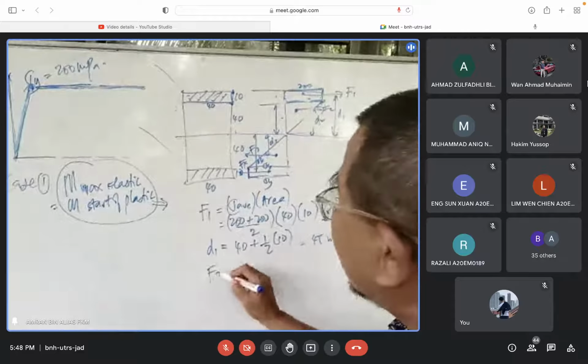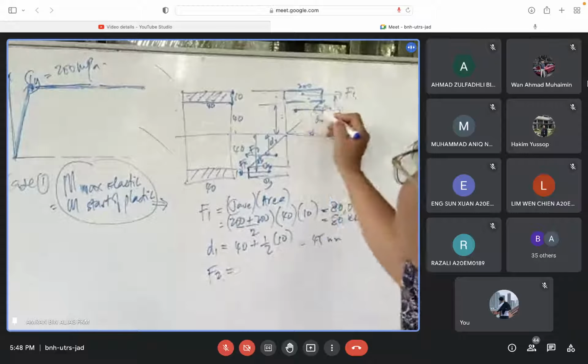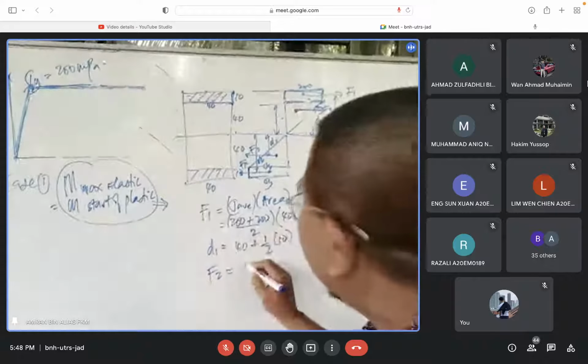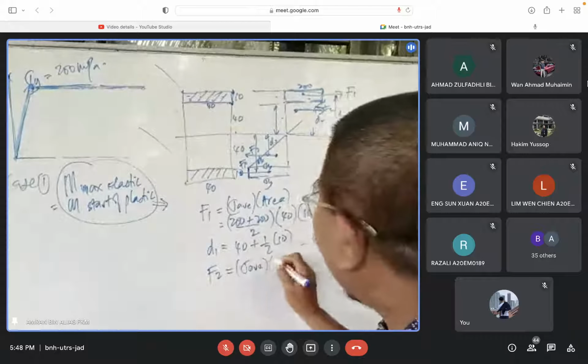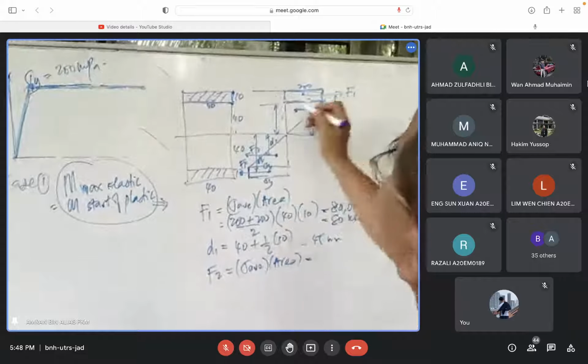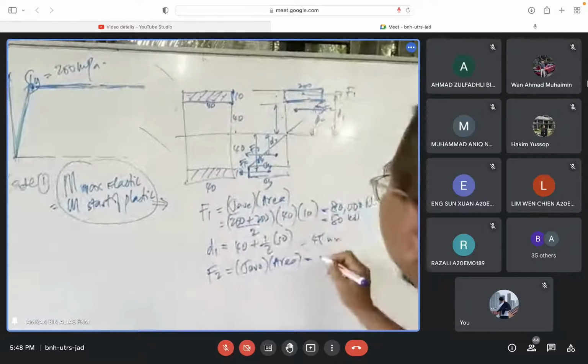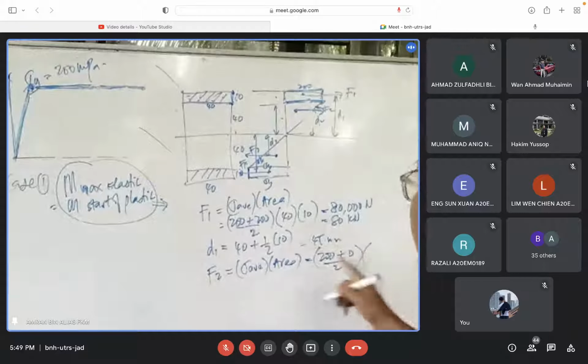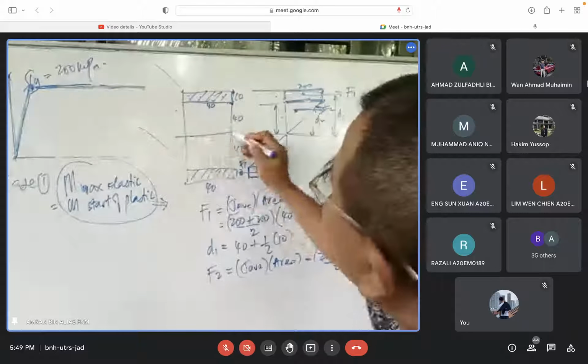So what is F2? Always write the formula: sigma average times area. So what is the average there? 200 here and 0 there, 200 plus 0 divided by 2, and then times the area. The area is 40 times 40.